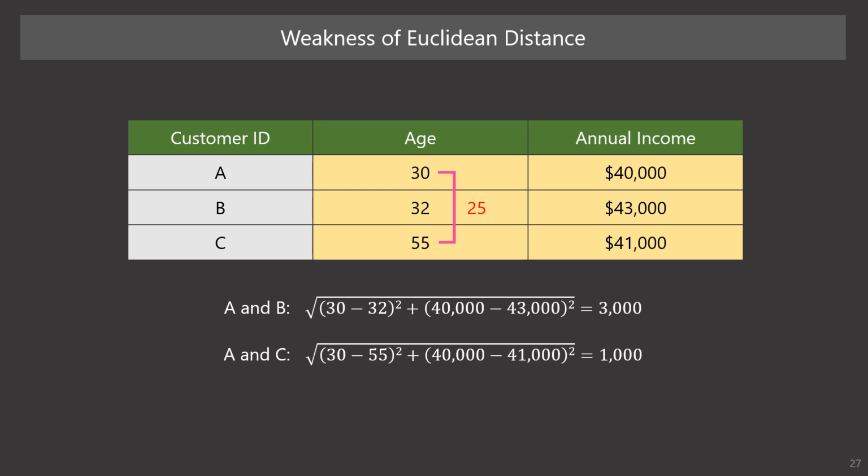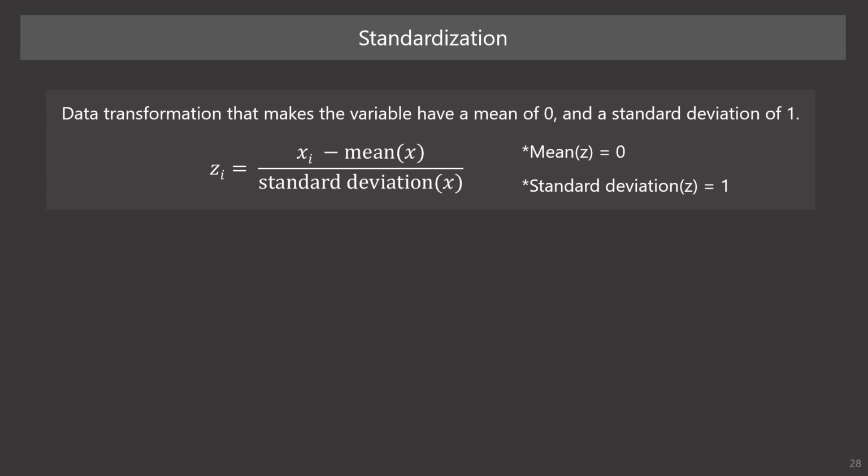To address this problem, we can use standardization. Standardization is a way of data transformation that makes the variable have a mean of 0 and a standard deviation of 1. It is done by this formula.